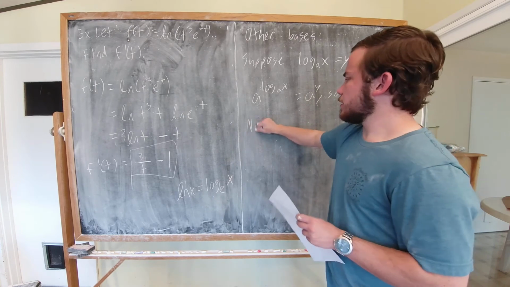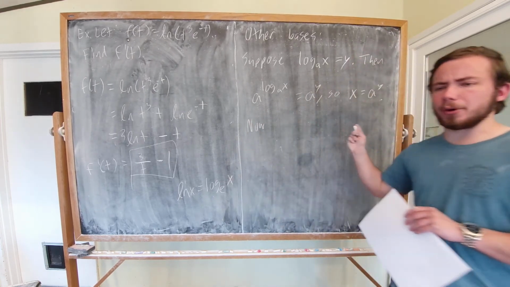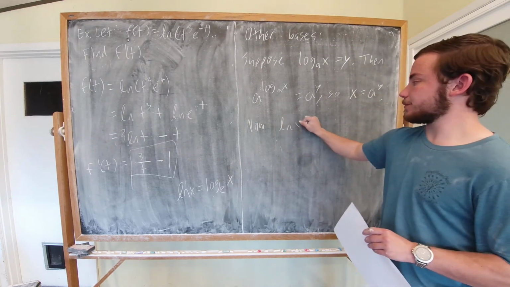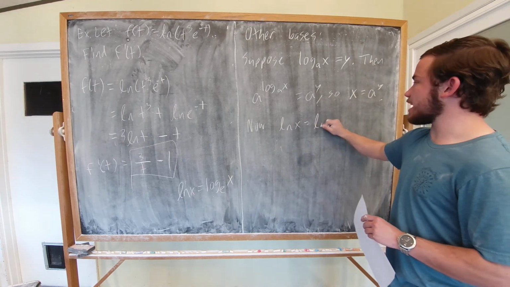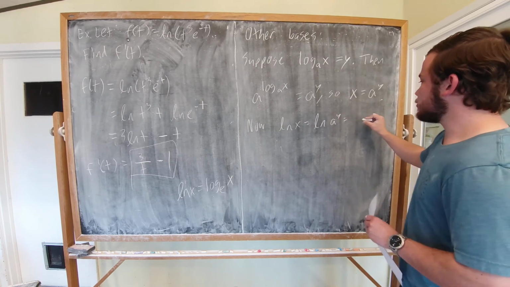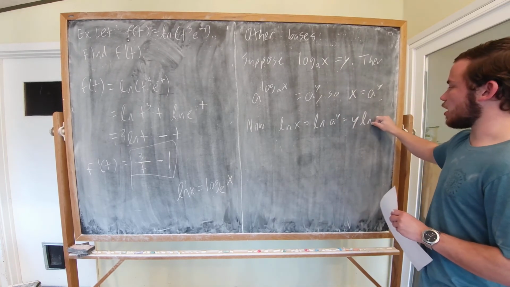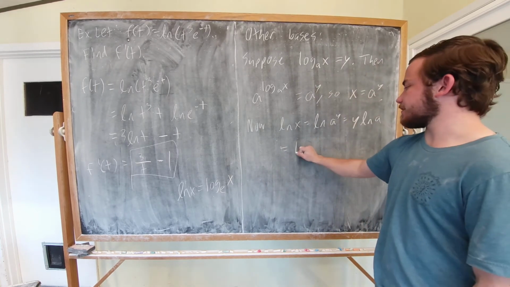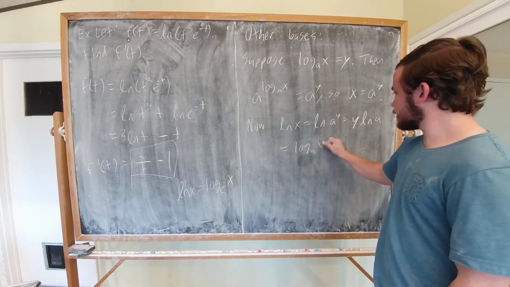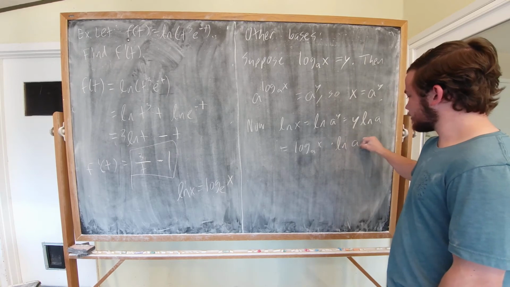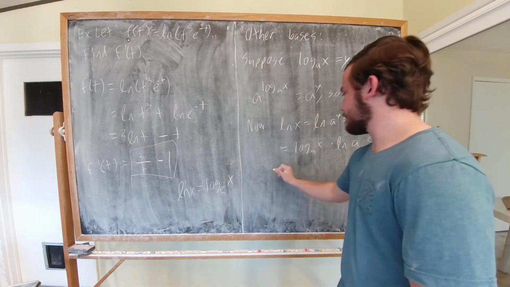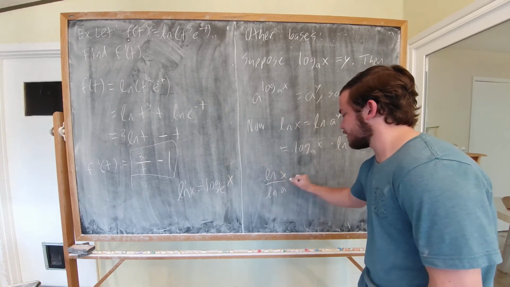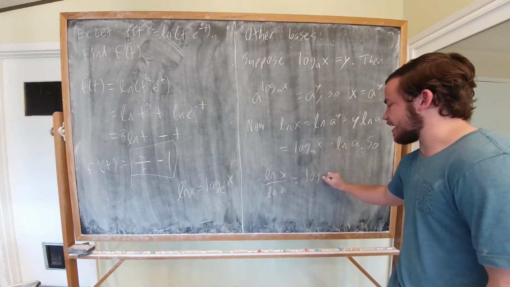Now, if I take the natural log on both sides, moving into natural log of x territory, natural log of x is natural log of a to the y, which is y times the natural log of a. But what was y? y was log base a of x. So, natural log of x divided by natural log of a is equal to log base a of x.